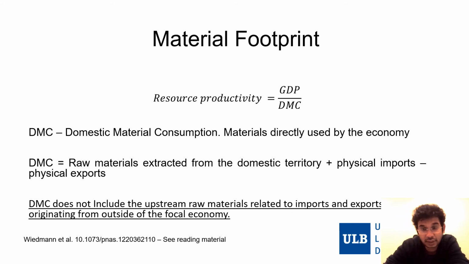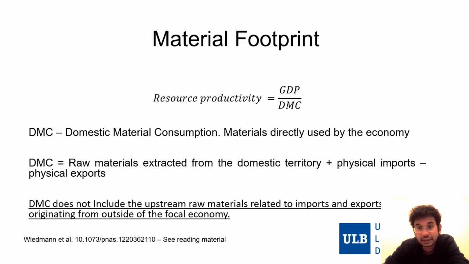What does resource productivity mean? It's a ratio between the GDP of a nation state and its DMC. What is DMC? DMC is domestic material consumption. So the material that is directly used by the particular territory that we are talking about. It's the raw materials that you extract from that particular territory plus its physical imports minus its physical exports.